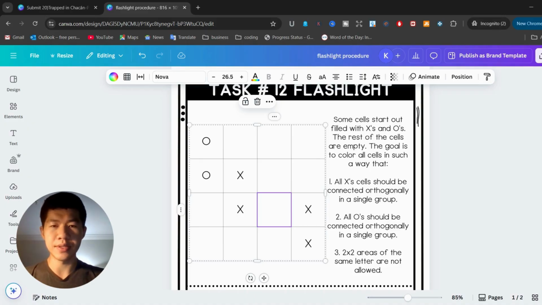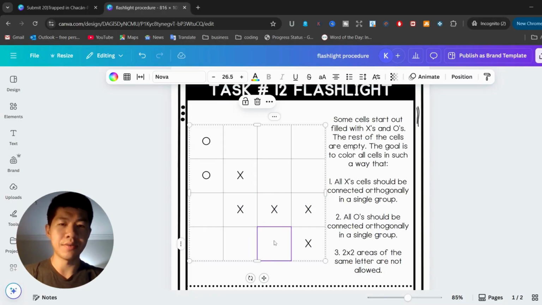I can fill this with either an X or an O. If I do fill this out with, say, an X, that would mean that this cell right here would have to be an O, because if you're looking at each 2 by 2 grid, you cannot have an X here. It can only be an O, because in each 2 by 2 area, the same letter is not allowed.